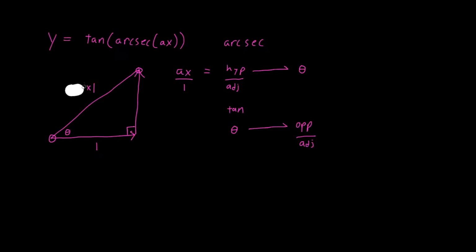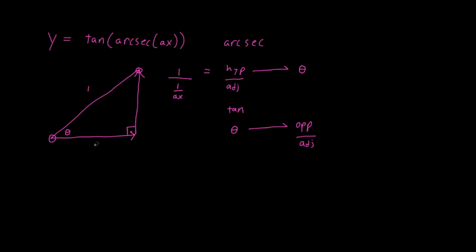So another way that we can write this same exact thing is 1 over, so we have hypotenuse of 1, and adjacent side is 1 over AX. If you multiply by the reciprocal of the denominator, it's the same thing as saying AX.